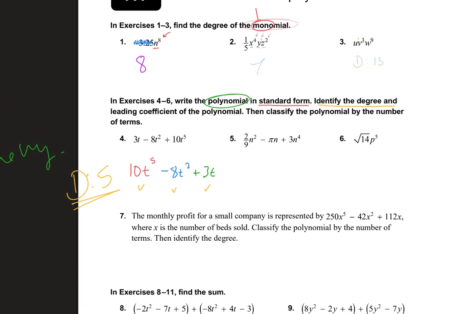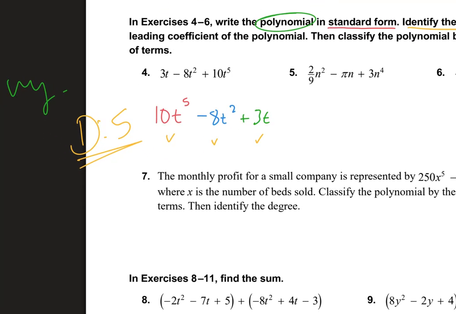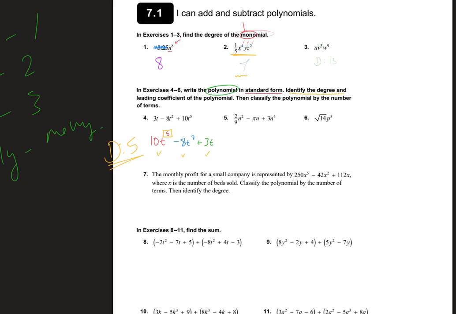So if you're like, well, wait, how come up here it was 7? This was a monomial, and so we added up all of those. This is a polynomial where you just get the biggest exponent on a term. So we got 5 there. And then it says we also want the leading coefficient.